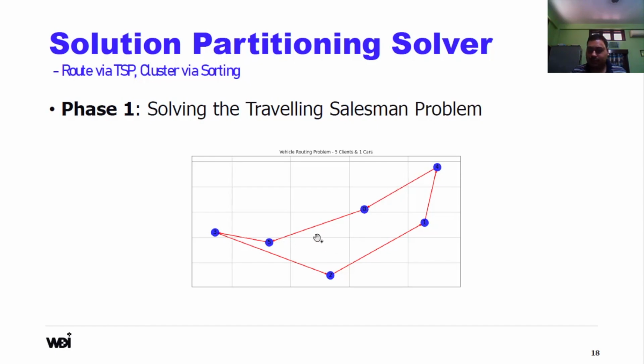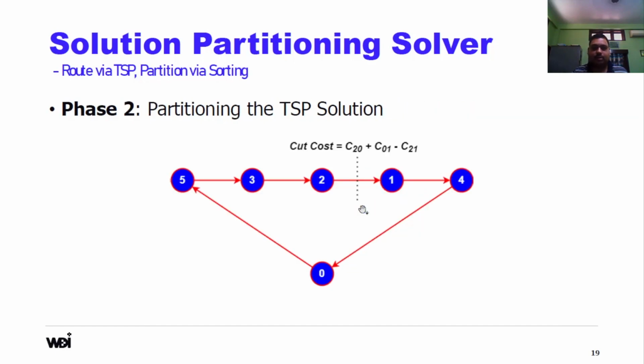The formulation for the TSP is something that I have already described previously, so I will not elaborate on that again. Once we have found this route, we will need to break it down into 2 sections for 2 vehicles. So let us do that. So here is the second phase. This graph over here is essentially a reordering of the graph in the previous slide according to the TSP solution. The TSP solution that has been found is 5, 3, 2, 1, 4, and back to 0.